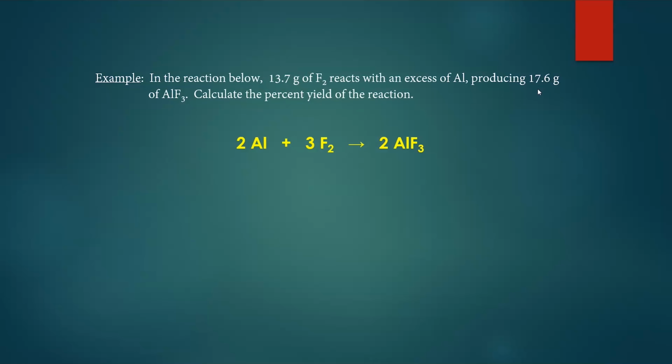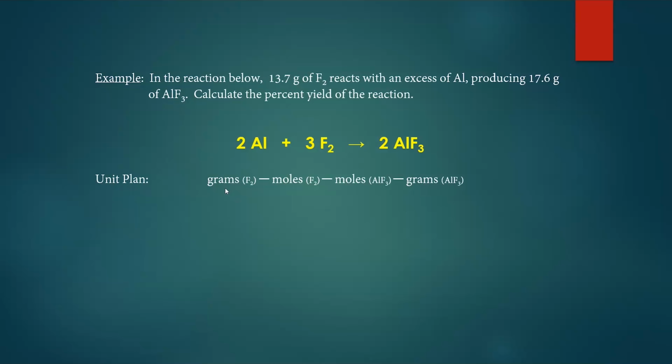The theoretical yield, you're going to have to calculate using stoichiometry. So we're going to use the same unit plan that we always use for stoichiometry problems: grams to moles to moles to grams. So we always start out with the material we're given. We know how much fluorine we have, and we're trying to find out the amount of aluminum fluoride.